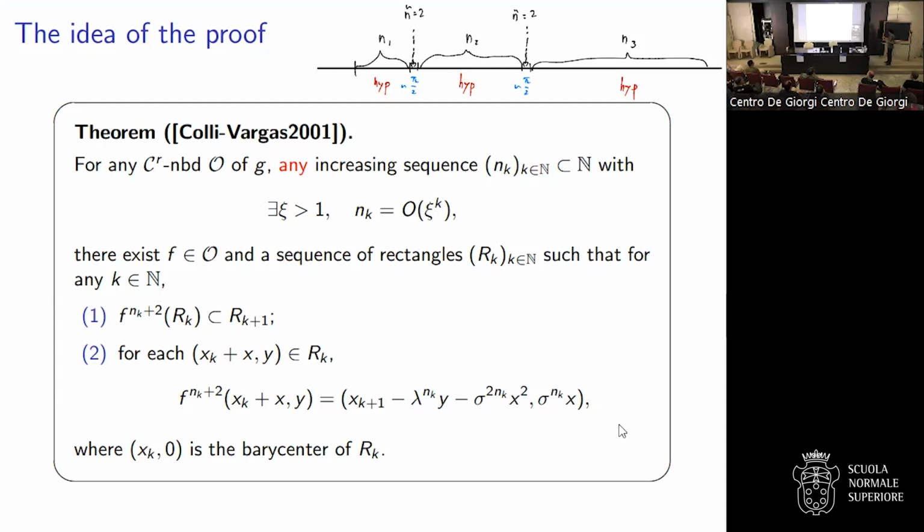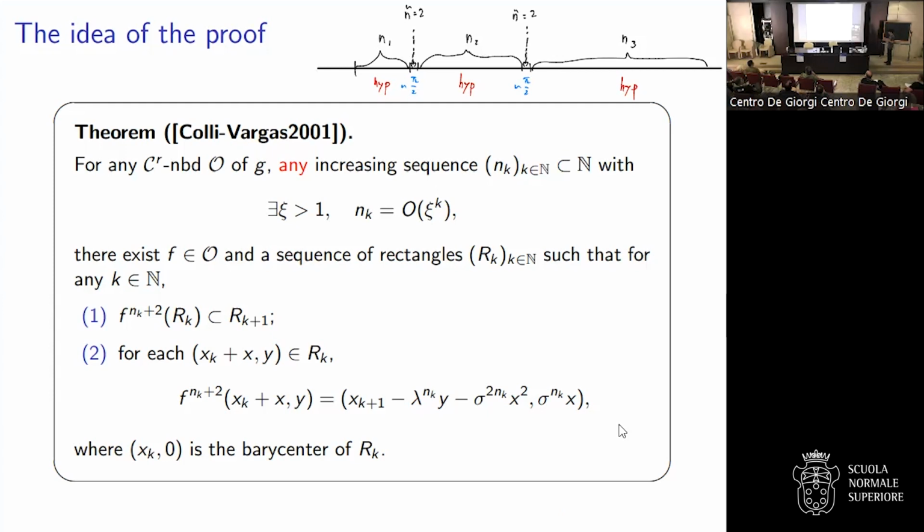Meaning that for any given sequence, in my mind this sequence is like this, you can find a diffeomorphism F orbitally close to G satisfying this kind of property.